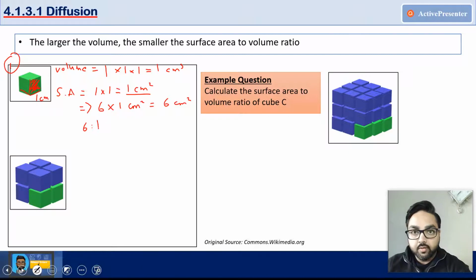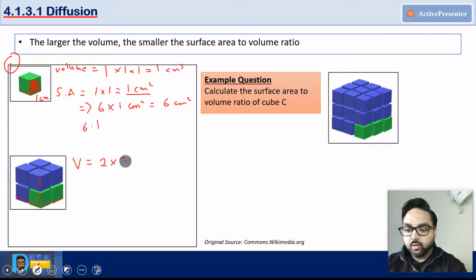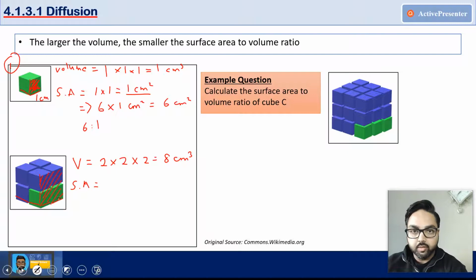Now if we do the same thing for the second cube, we hopefully can see that this is 2 centimeters in terms of its length, its width and its height, the volume is equal to 2 times 2 times 2, which is equal to 8 centimeters cubed. Now the surface area is going to be this side here multiplied by 6.